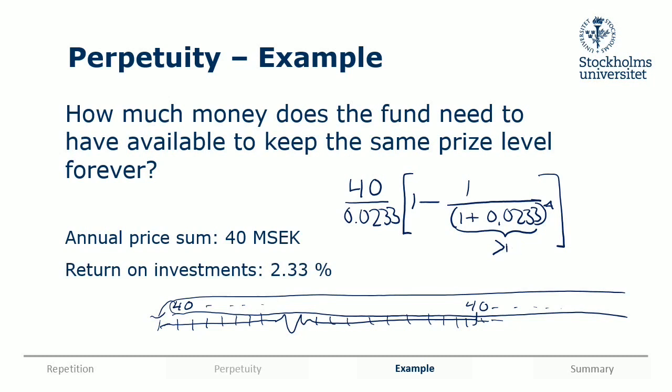If we multiply something larger than 1 with itself like 1,000 times, we will have a very large number. And you can imagine when this n here goes towards infinity, so we multiply something larger than 1 with itself infinitely many times, well, it will become infinitely large as well.